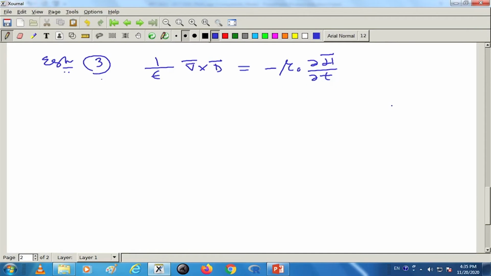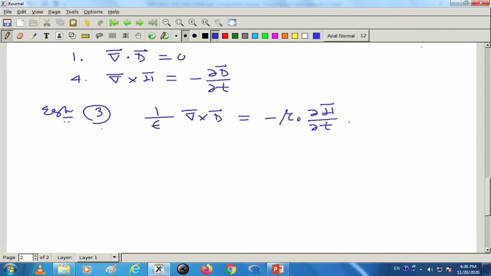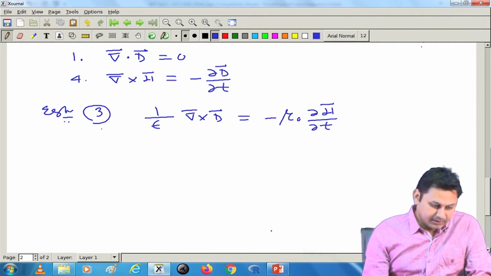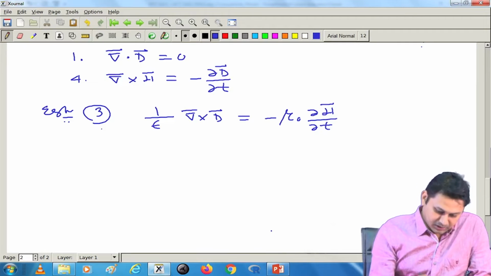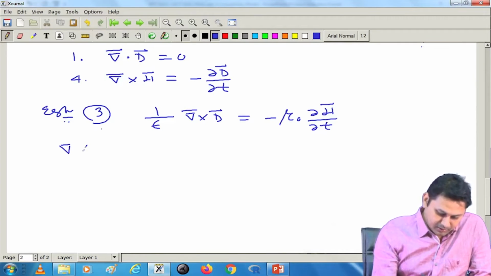Well, one thing you should note here when you do that: epsilon is not a function of space, only then can you take this epsilon out of the curl operator. So, the system is isotropic and homogeneous. Well, now what I do is take the curl of equation 3.